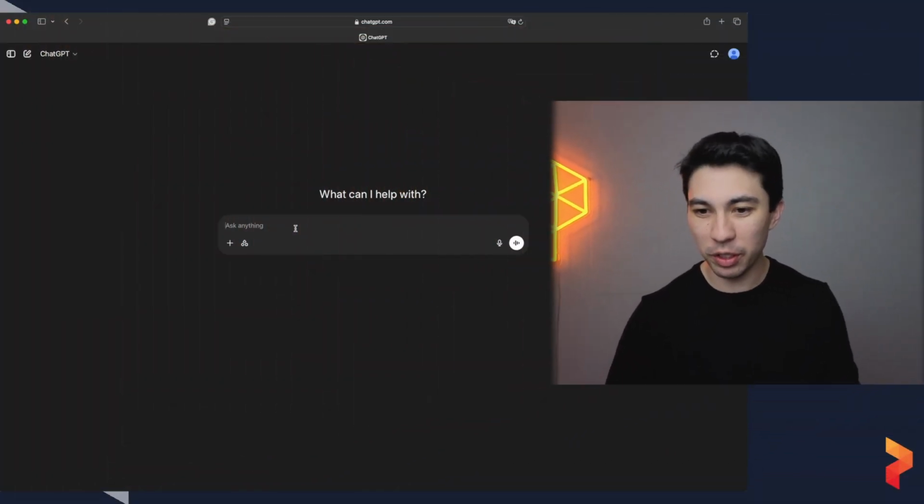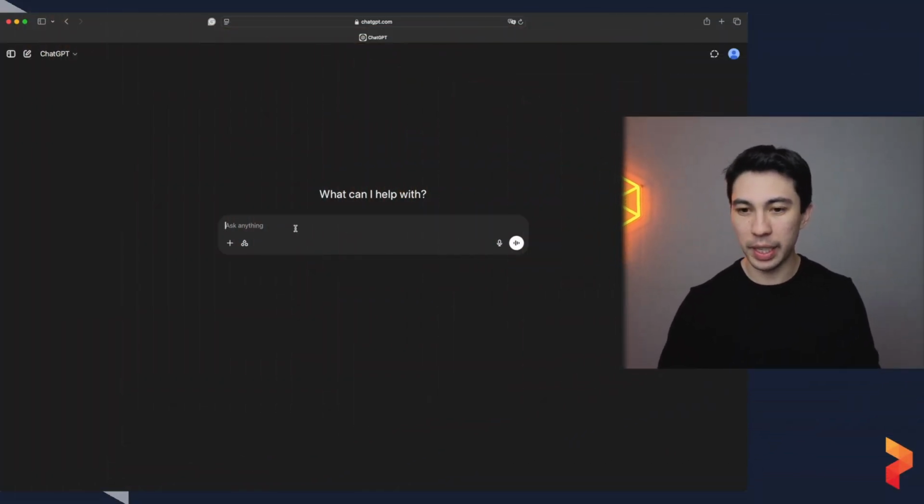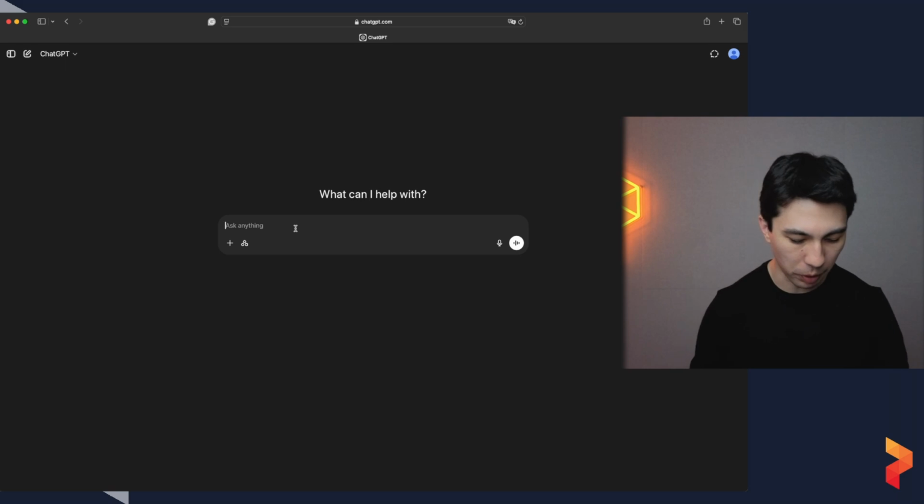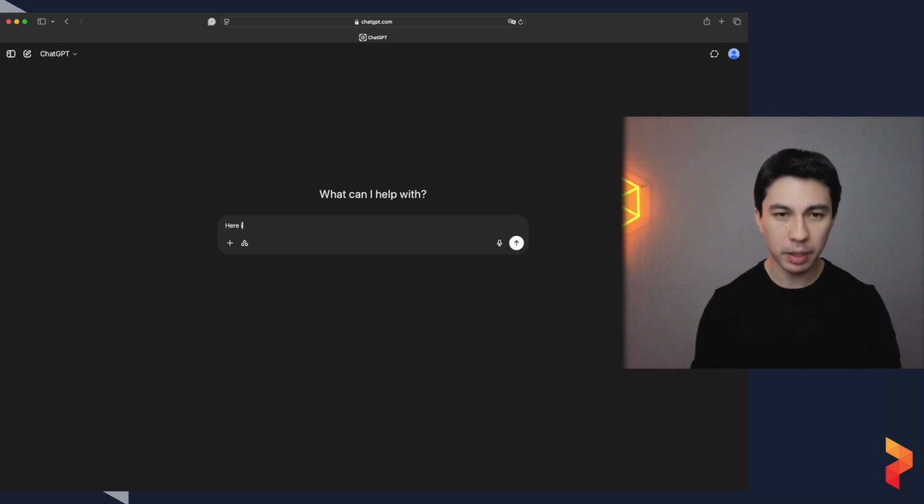The first thing that we can do is get ChatGPT up and ask it, what's a good prompt here? So we can say, here is a list of definitions from product leaders on what is product discovery.